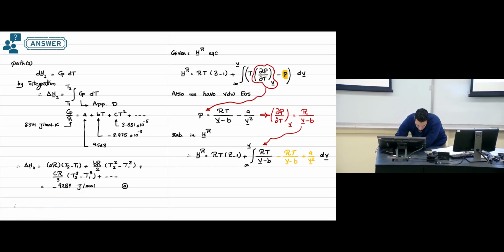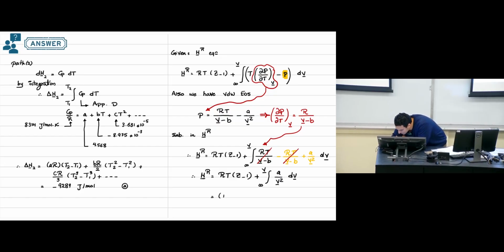And we will see that this term will be cancelled with this one, and the remaining of this equation will be RT (Z minus 1) plus integration from infinity to molar volume of A over V square dV.